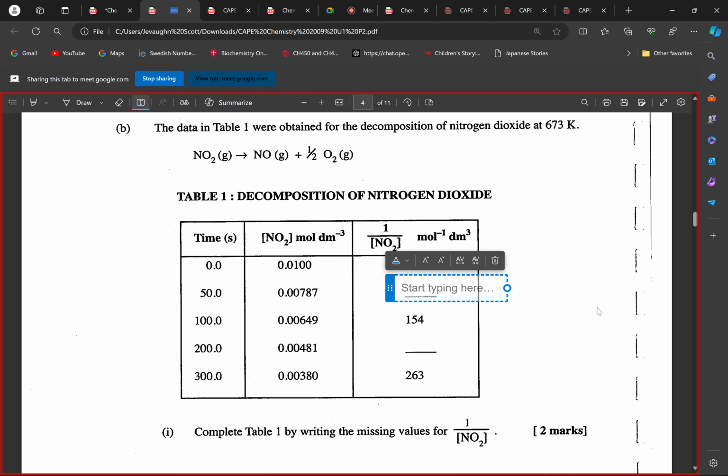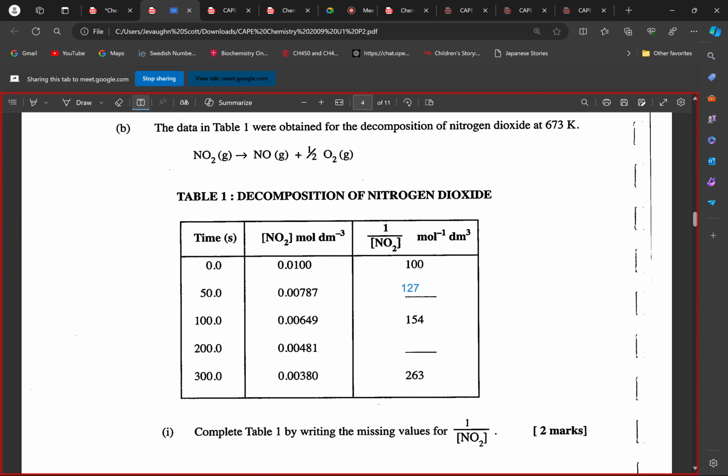Just put 1 divided by the moles of NO2. So for the second one, it would be 1 divided by 0.00787. And that should give us 127, right?